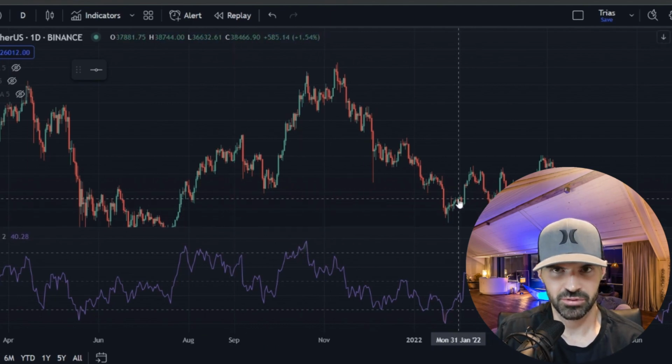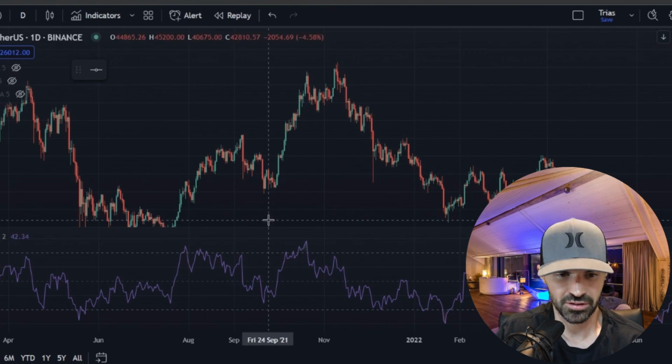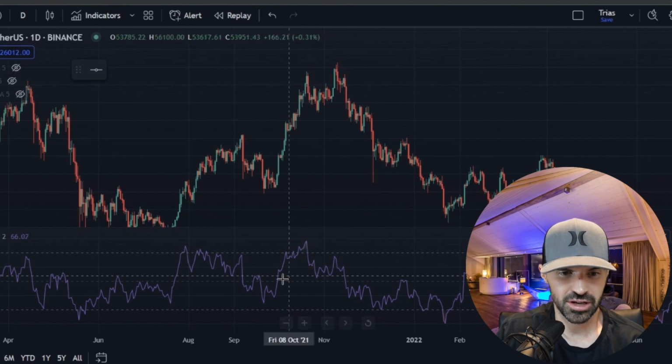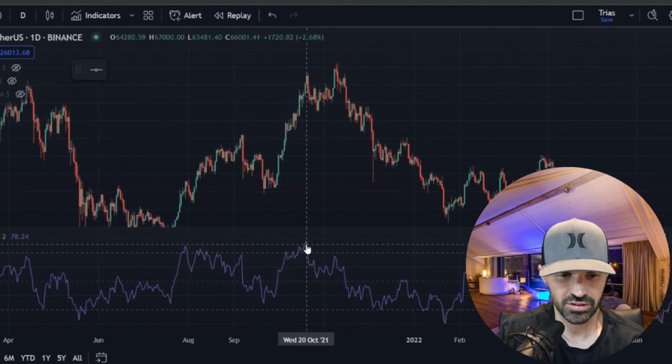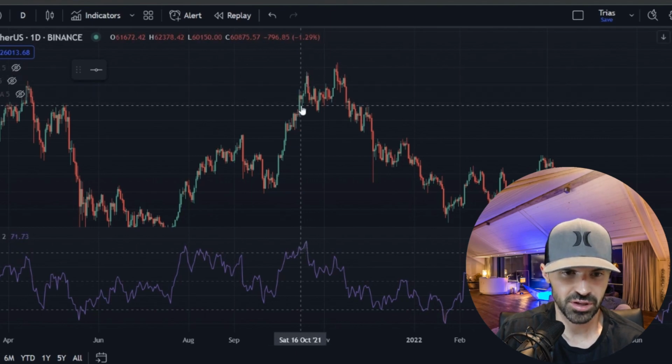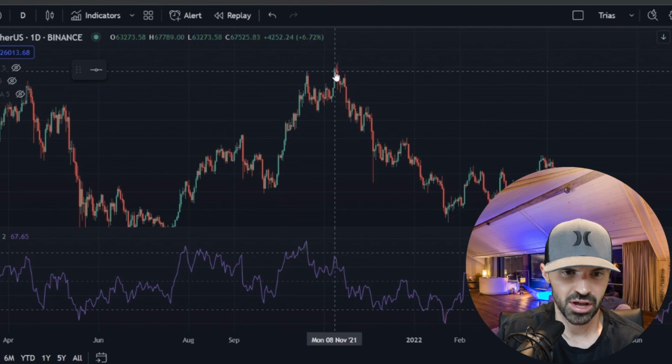Now, as I said before, it's not going to pinpoint exactly when to sell. For example, here the RSI broke out through the 70 line, and that just put in a top here. But as you can see, price continued on and put in another higher high.